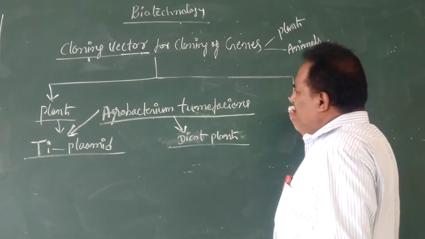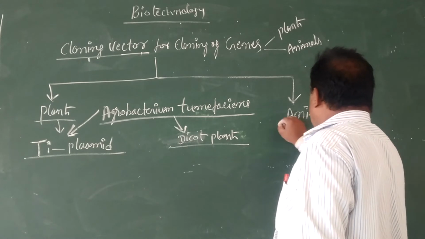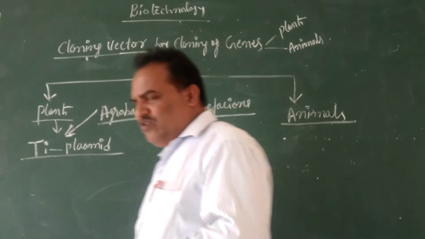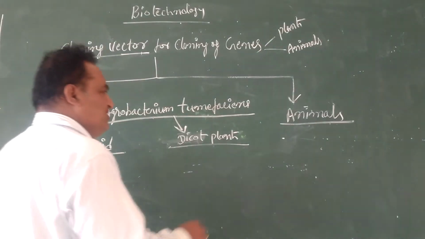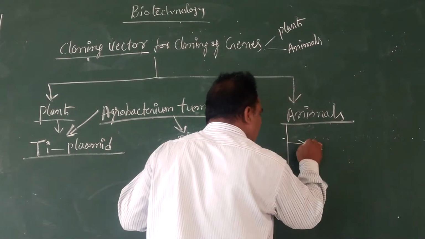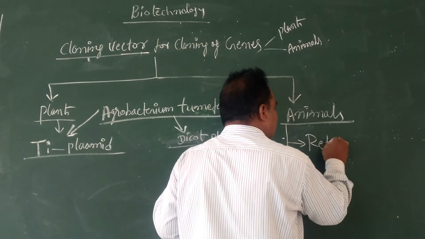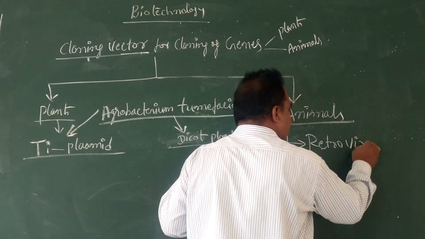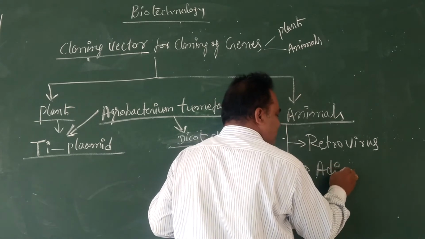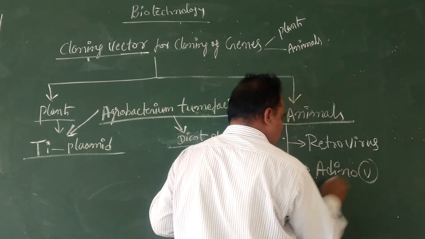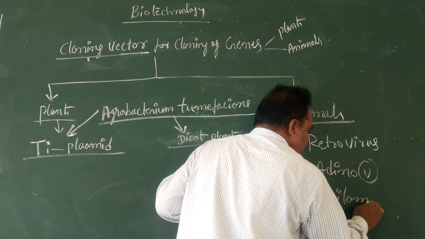In the case of animal gene cloning, some viruses are used, such as adenoviruses and papilloma viruses.